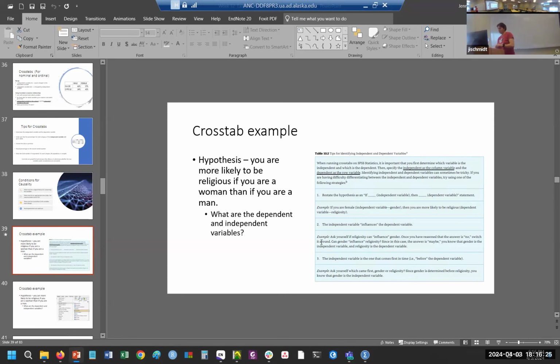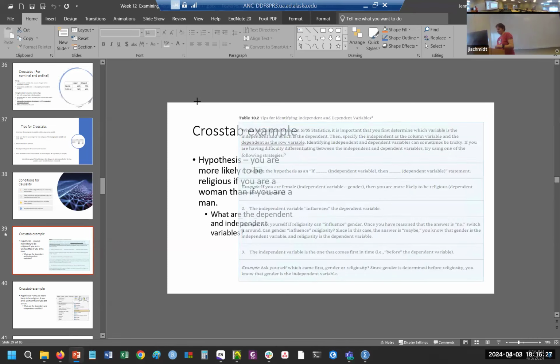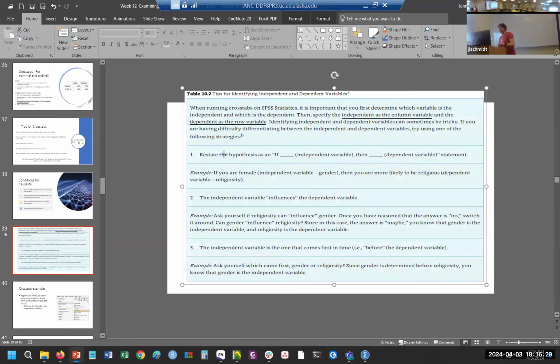Restate the hypothesis as an if-then statement: if I'm a woman, then I'm more likely to be religious. So that might help you to think about that.